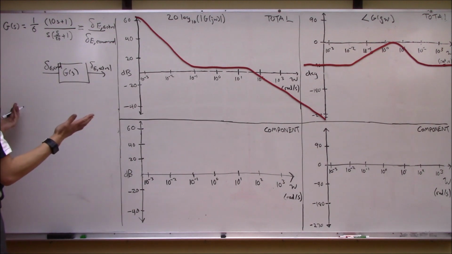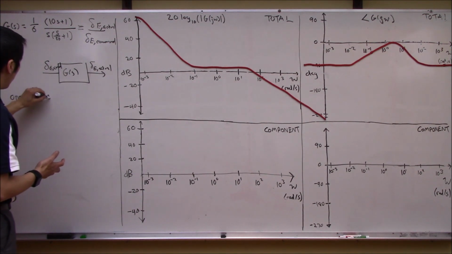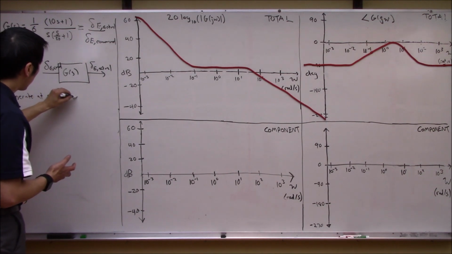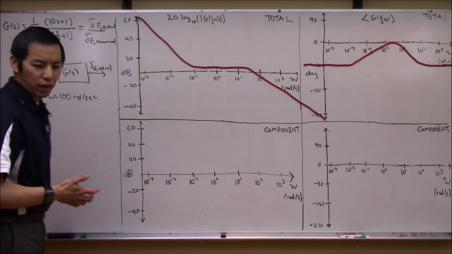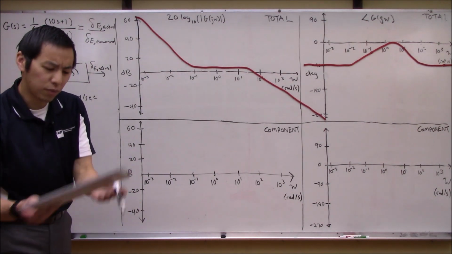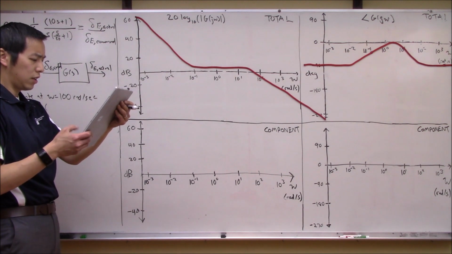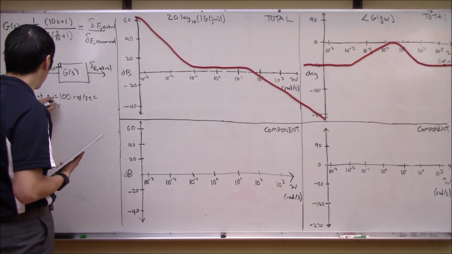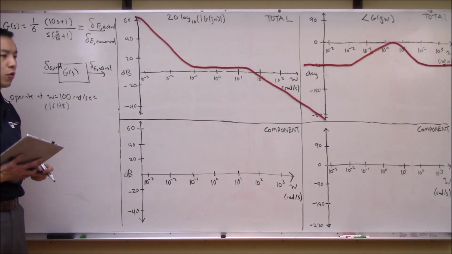And let's say this system has to operate at omega of 100 radians per second. I did the calculation, and in terms of hertz, I think this is approximately 16 hertz. So you want this actuator to be able to flip up and down quite quickly.